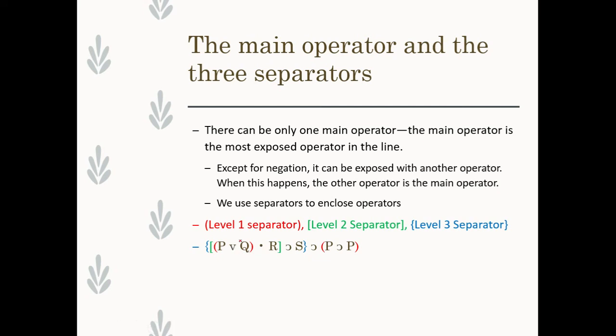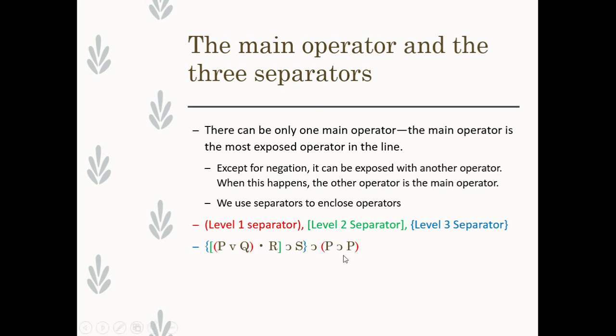If you're going to enclose that square bracket another time, you need to shift over to the level 3 separator, which is the set brace. And so we use this set brace, which in this example is drawn out in blue, just for clarity's sake. And then off to the right, you see P horseshoe P is enclosed in the red. That's just so you get clear that, okay, that's the first time anything is enclosed here. And so that is going to use a level 1 separator.